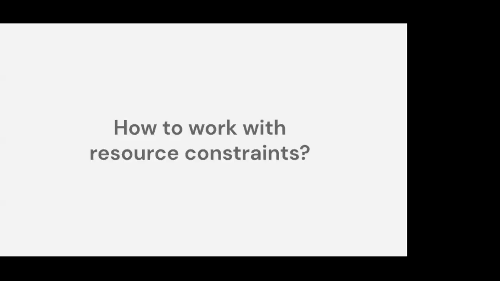You may not have time to cover everything, all the areas, and there might be development resource constraints. So maybe they're saying they need 4 months to build it because they only have 2 developers to build a really huge feature. So those are some constraint examples.